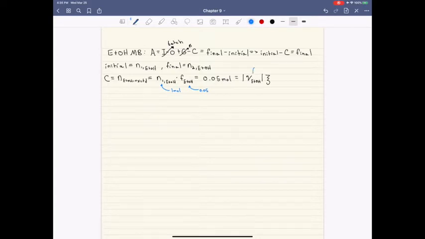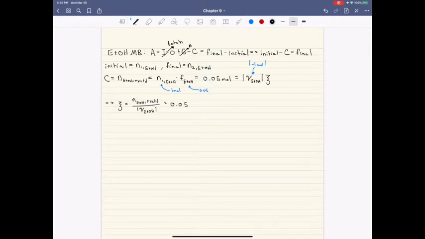Based on the reaction, we know that this value is minus 1, but we only care about its magnitude. And so by rearranging these relationships, our extent of reaction is equal to the moles of ethanol that's reacted divided by that stoichiometric coefficient. And so that gives us a value of 0.05.